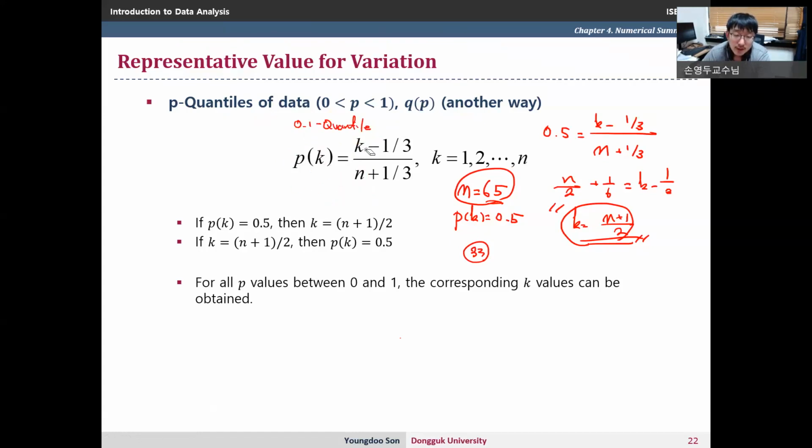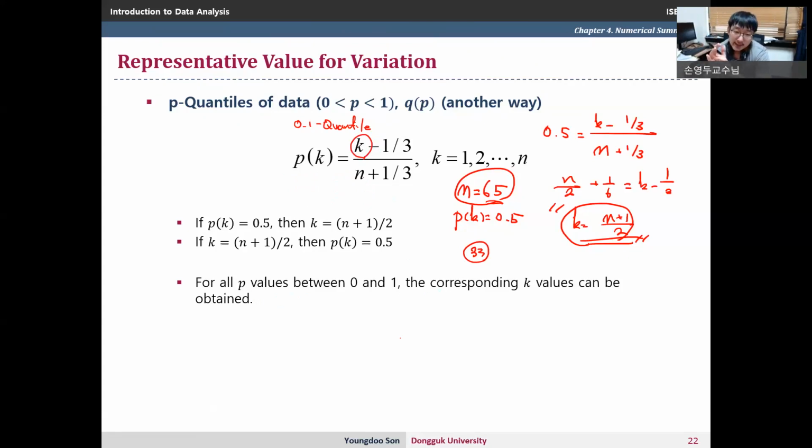It is also well known that for all the p values between 0 and 1, there are corresponding k values, so that we can easily find the index of the data point.